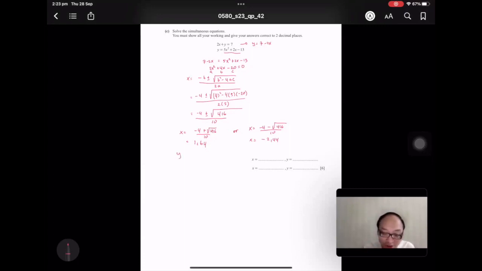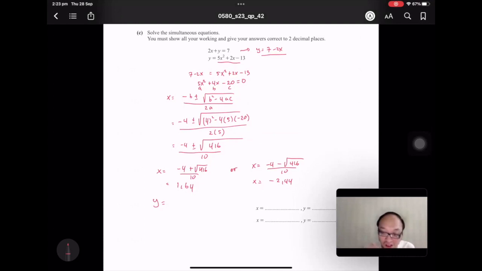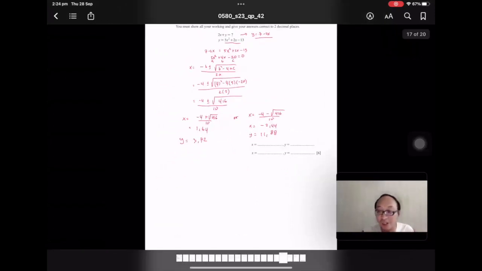And for y, don't forget to find the y. We can just use this: 7 minus 2 times 1.64 is 3.72. And 7 minus 2 times negative 2.44 is 11.88. So we have two pairs of answers, x and y.